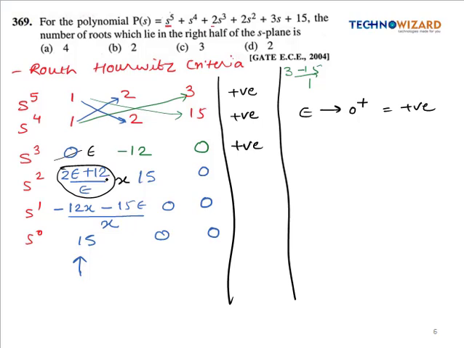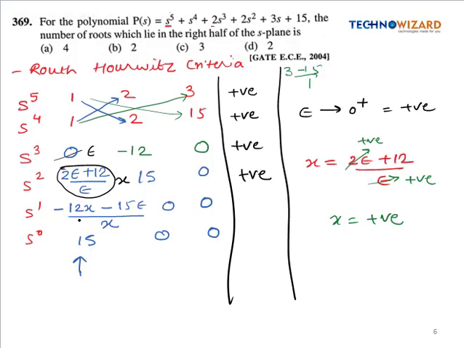Now this is x, so we have to solve for x, where x is equal to 2 epsilon plus 12 by epsilon. This epsilon is positive, this 12 is positive and this is also positive, so positive by positive, we are getting x as positive only. So the first column of s2 is also positive.